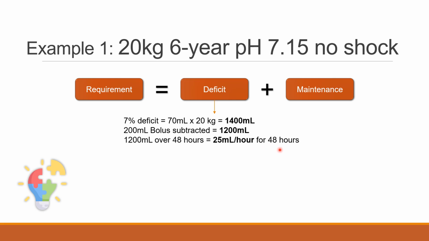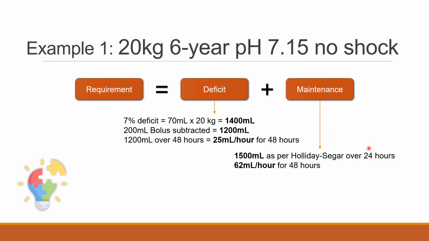Similarly, we will calculate the maintenance. Maintenance is easy to calculate because it is the Holiday-Segar formula. For a 20 kg child, the maintenance fluid will be 1500 ml, because for the first 10 kg it is 100 ml per kg, that is 1000 ml. For the next 10 kg it is 50 ml per kg, that is 500 ml. So total is 1500 ml. This is for 24 hours. But we have to give this 1500 ml over 24 hours.